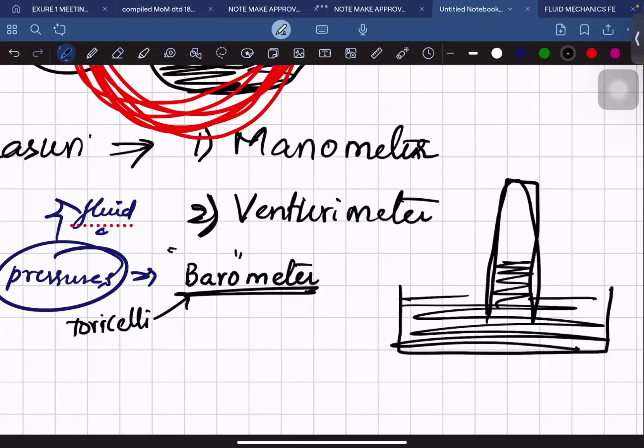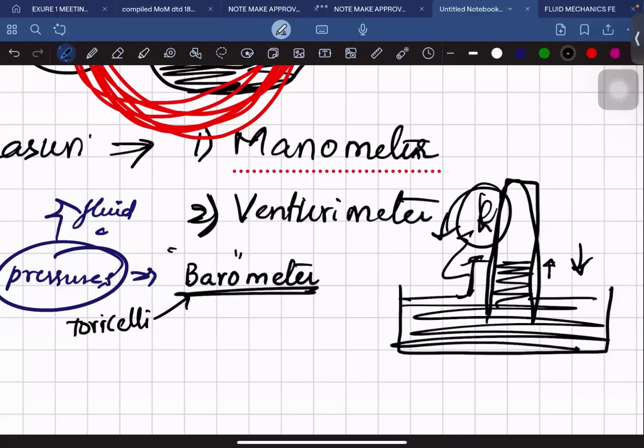The atmosphere here will exert some pressure. Because of this pressure, the mercury will rise to some level. We'll see the height by which it has risen. Based on that height, we'll do some calculations with factors, and we'll say the pressure at such and such location is so and so.